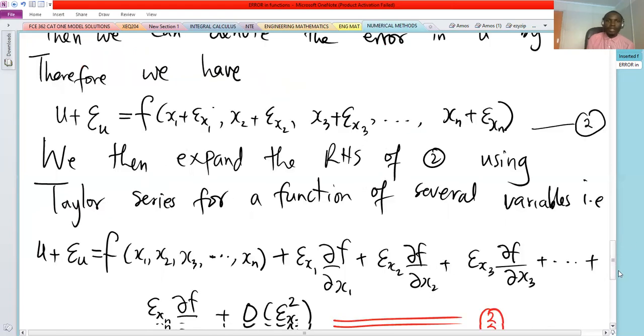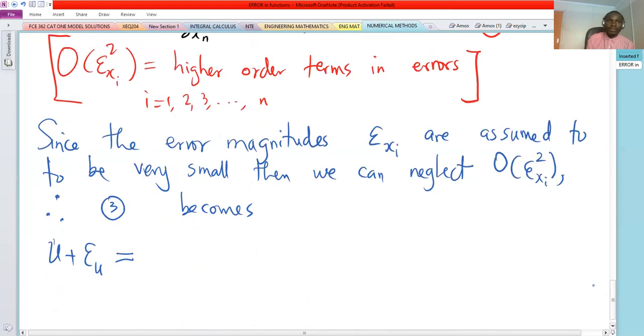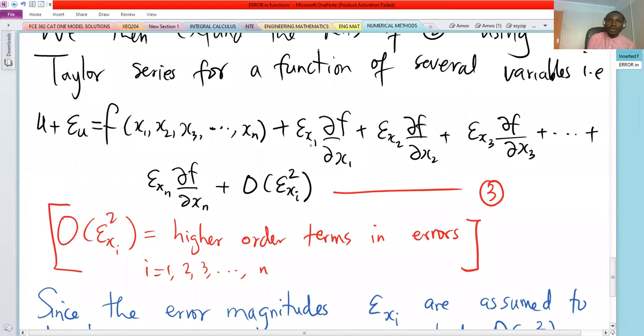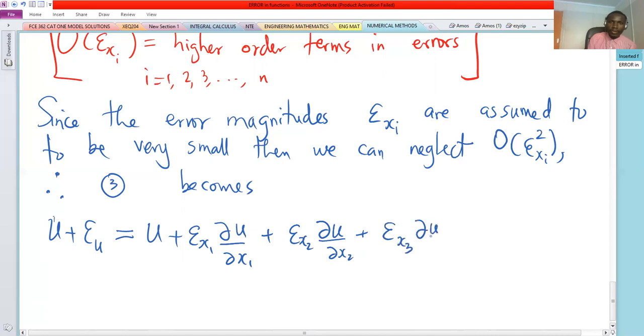So therefore, I can just write this as u, and then plus error in x1 partial u partial x1, because f is the same as just u, plus error in x2 partial u partial x2 plus error in x3 partial u partial x3 plus up to error in xn partial u partial xn.